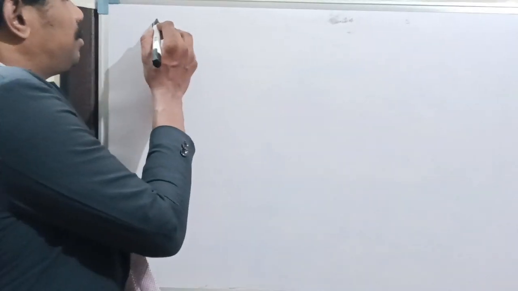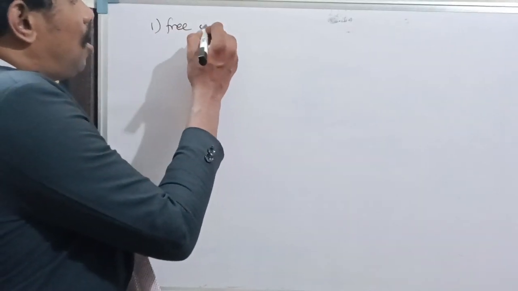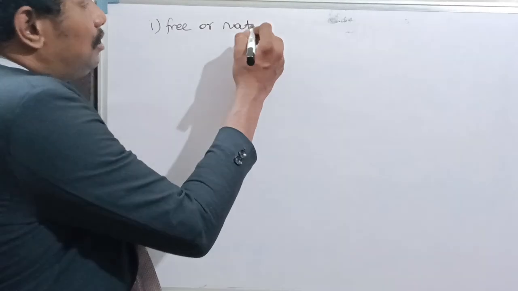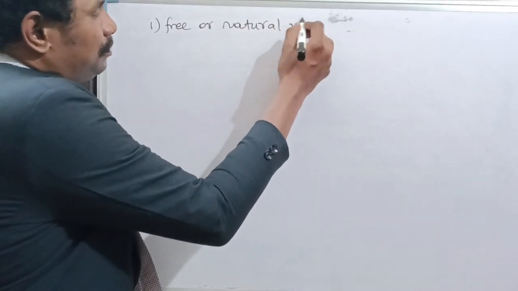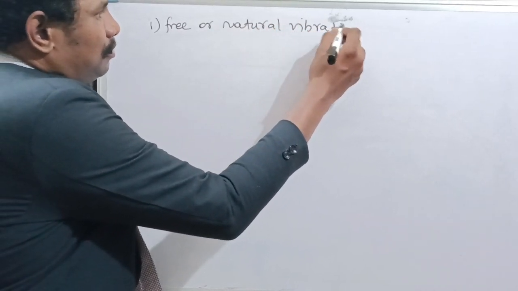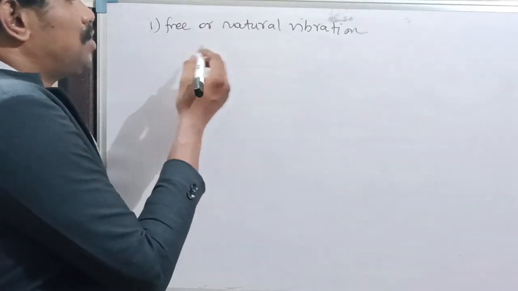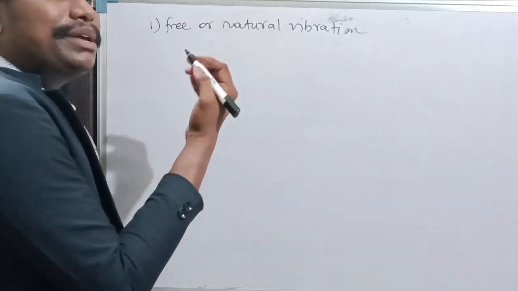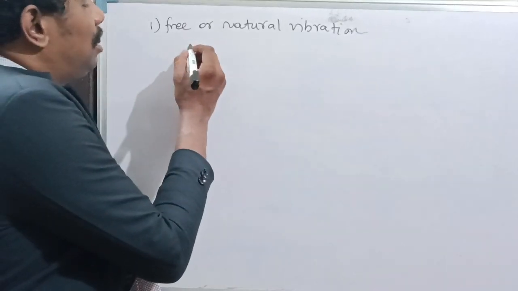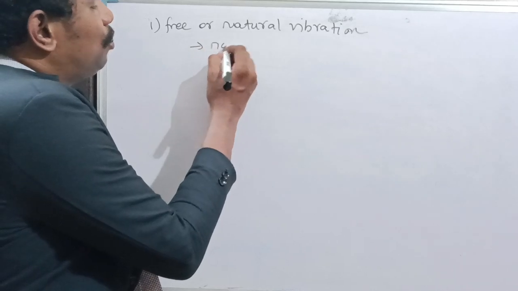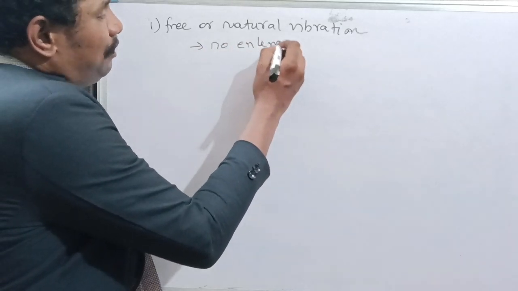First we are going to discuss free or natural vibration. As the name itself indicates, it is going to be free. In this case, there will be no external force involved.